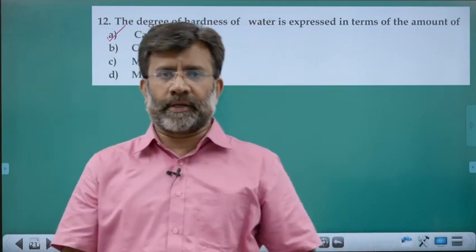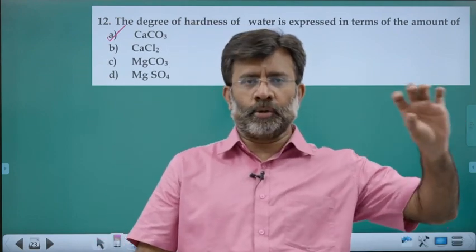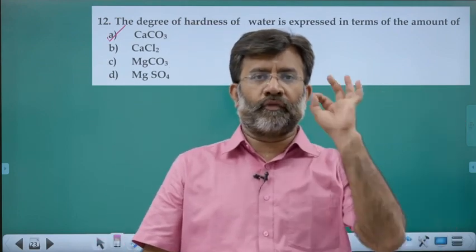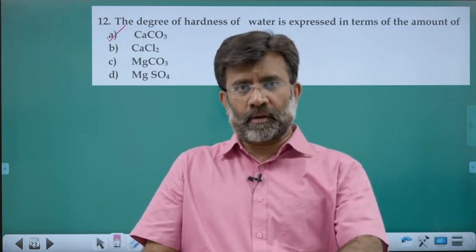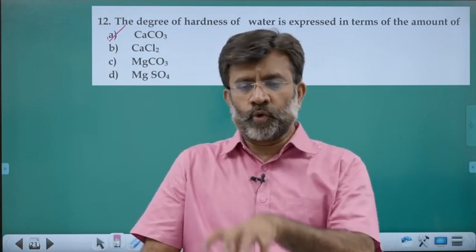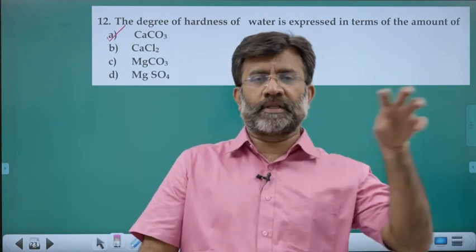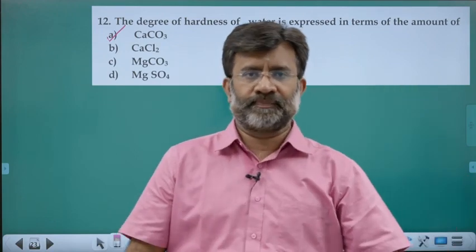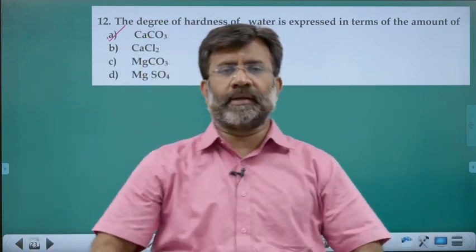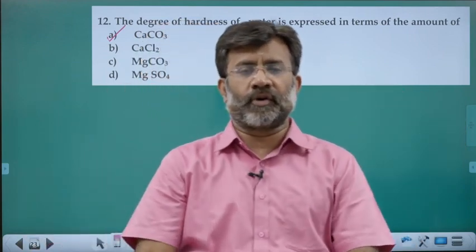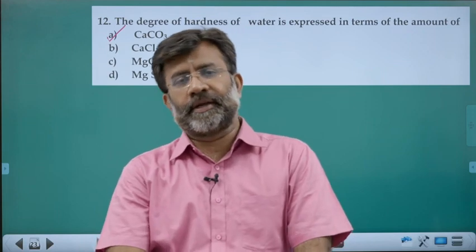All these quantities can be related to the equivalent quantity of calcium carbonate. Suppose you are finding the quantity of magnesium sulfate, you equate that quantity with the calcium carbonate. So the equivalent amount of calcium carbonate is the reference standard for measuring or expressing the degree of hardness.